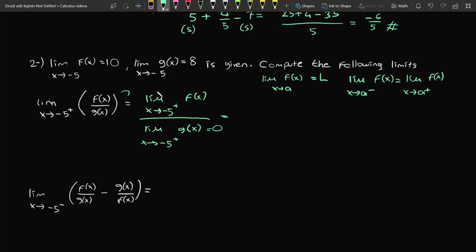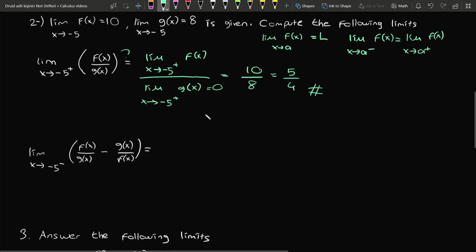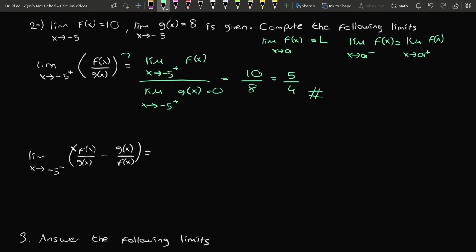But when I check, I'm seeing the limit of this function as x approaches negative 5 from the right side is equal to 8, therefore I can do this. Something over 8, and the limit of f(x) as x approaches negative 5 from the right side is 10. If I want to simplify it one more time, it doesn't really matter, it's the same thing. I get my answer.